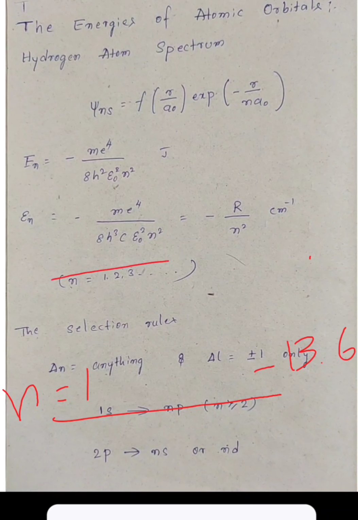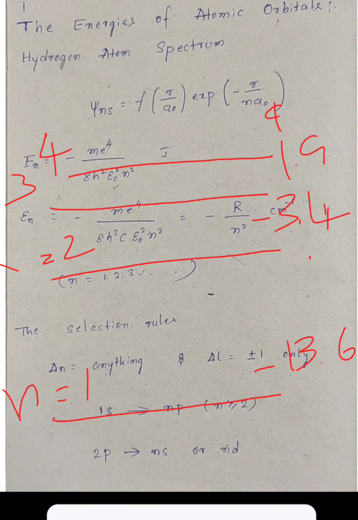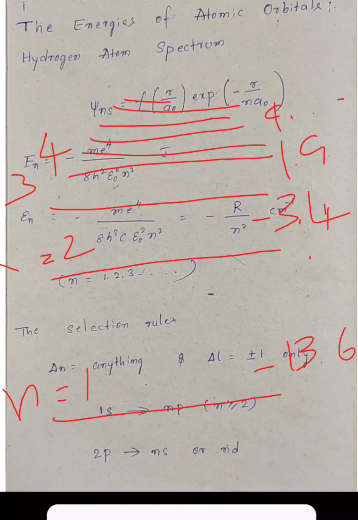And n is equal to 2 indicates the first excited state, where the energy is minus 3.4 eV, and n is equal to 3 is about minus 1.5 eV, and n is equal to 4 is about minus 0.85 eV.